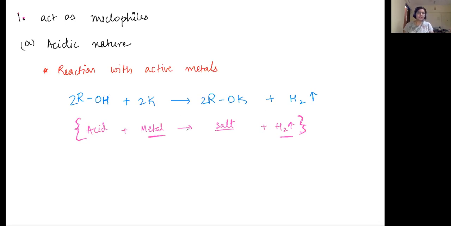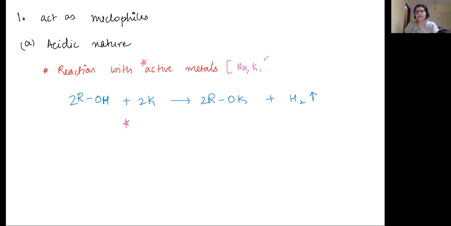Okay, but acids are pretty strong, meaning they do it with any metal except copper. But even metals like copper, silver, and gold react with aqua regia. You take a strong enough acid and that happens. Now, because alcohols are really weak acids, this reaction only happens with active metals such as sodium, potassium, and aluminium.